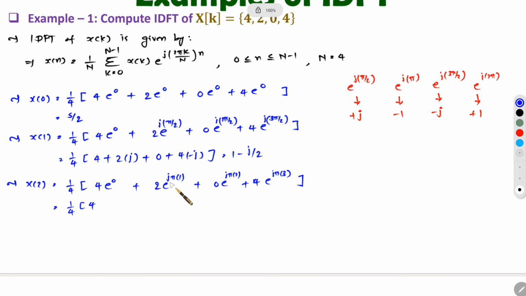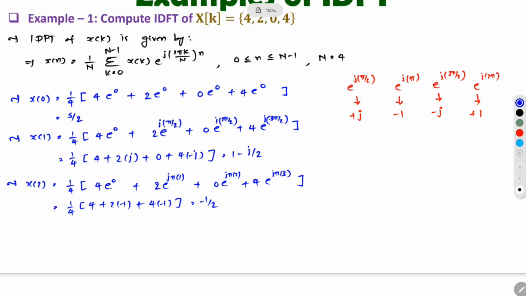E to the power j pi, that is minus 1. So here we have minus 1. This is 0. And then here we have e to the power j 3 pi, that is also minus 1. Right. So 4 into minus 1. So 4 minus 2 minus 4, that is minus 2 by 4. So that is minus half.